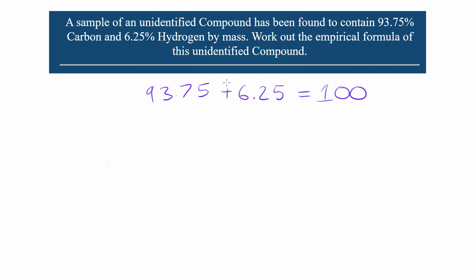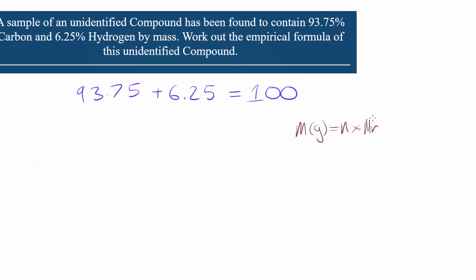Well, if we recall the equation that shows the relationship between moles, mass and molar mass, we know that the mass, and this is in grams, is equal to the moles n multiplied by the molar mass, which is going to be in grams per mole, right? So if we make moles the subject, what are we doing?